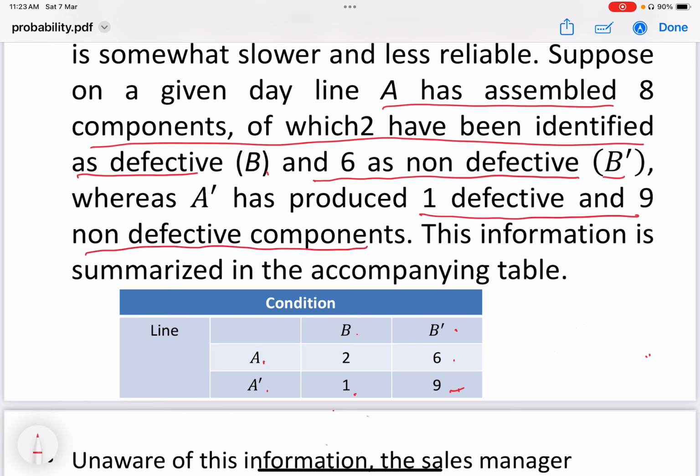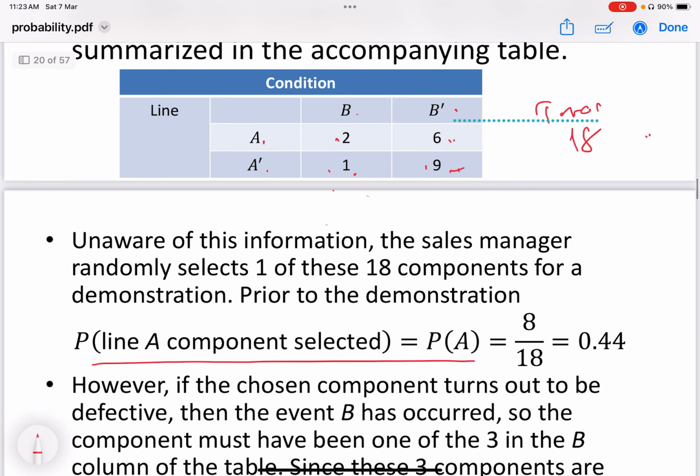So all in all, how many total components are there? 6 plus 2 is 8, plus 1 plus 9 is 10. So total 18 components are there, where A has produced 2 defective and A dash has produced 1 defective. Now we select one component among these 18 components.